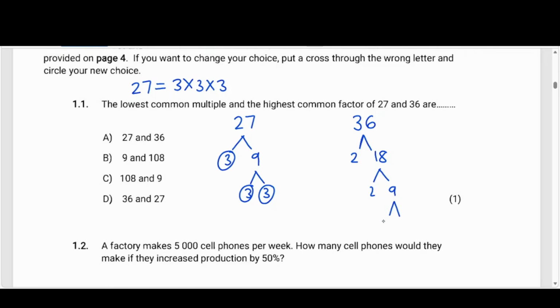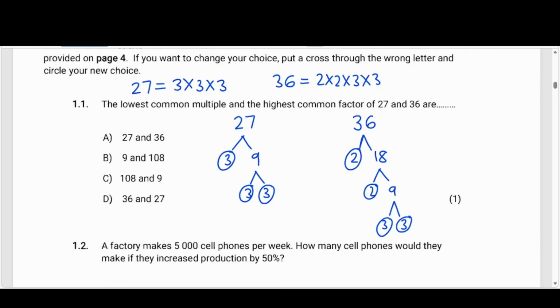And 9 is 3 times 3. So we're just breaking these down and then we're circling all the prime numbers. And so we can rewrite 36 as 2 times 2 times 3 times 3.